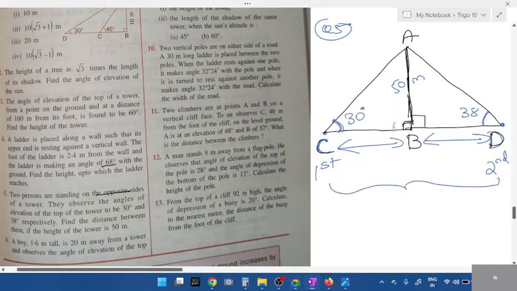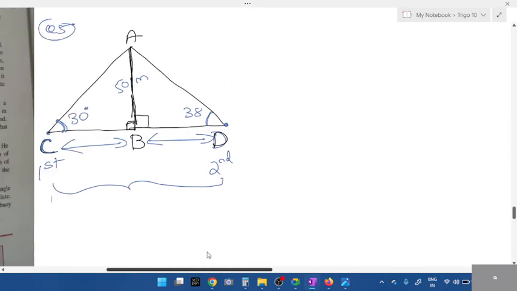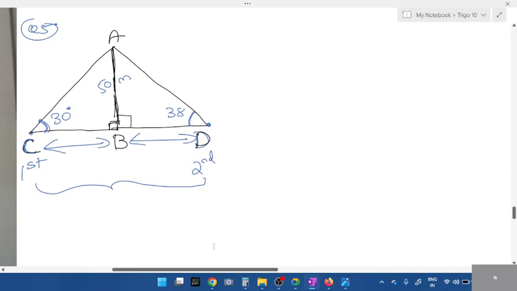Okay, fine. Now we need to find the distance between C and D, students. This diagram is enough to explain. If you want to find the distance between C and D, what are the two values it has? What is CD made of? CB plus BD. So first thing, will you try this question now? Which triangle do we need to take?